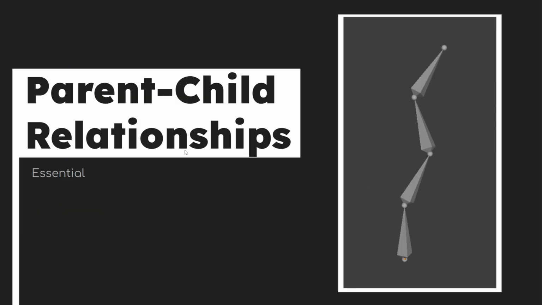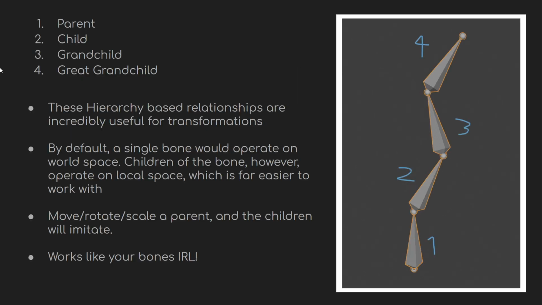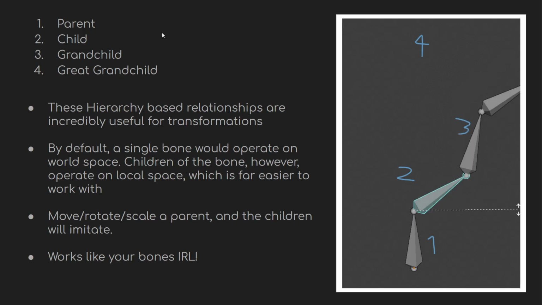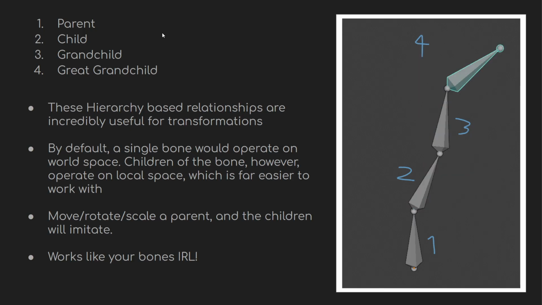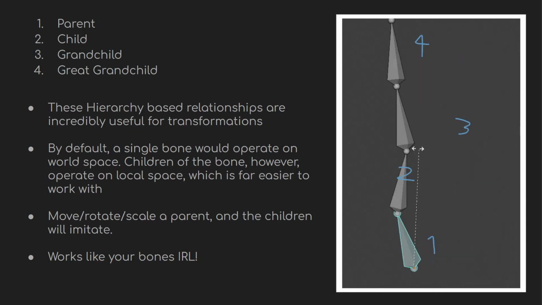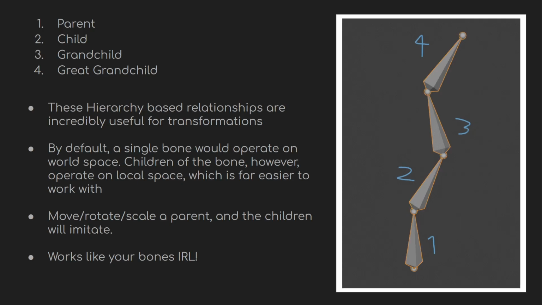And so next is parent-child relationships. You might already know this somewhat from, let's say, the Blender or the Unity hierarchy, where you have the parent objects and then you have the children underneath it that are transformed based on the parent. So these are very essential for your rigs, because these hierarchy-based relationships are incredibly useful for saving time on transformations.